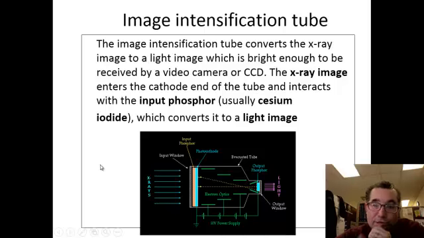But right now I'm concentrating just on this image intensifier unit. So this is going to convert our X-ray to a light image, right? And it's going to go through a process where our image is going to become brighter, so we don't need to use those funky red glasses that we saw before.